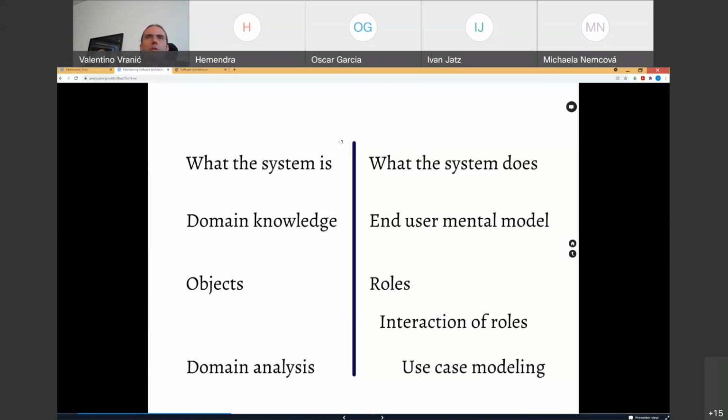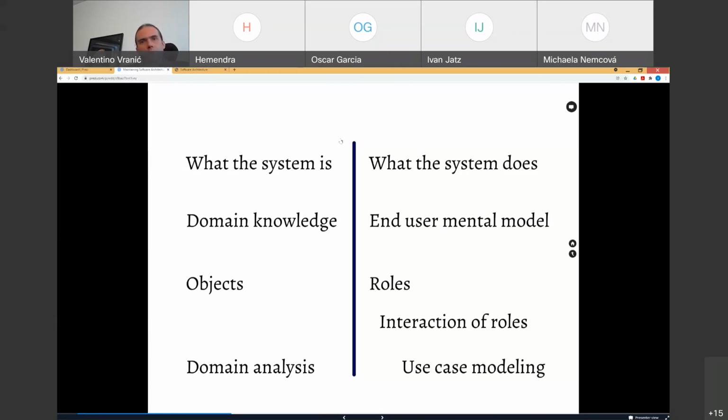We distinguish what the system is from what the system does. What the system is is something that we kind of know from the domain. Sometimes we are doomed to discover the domain.